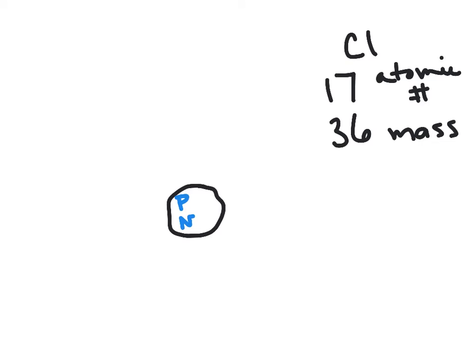So my protons would be my atomic number, so that's 17. And then my number of neutrons is going to be 36 minus 17 equals 19. So 19 is my number of neutrons.